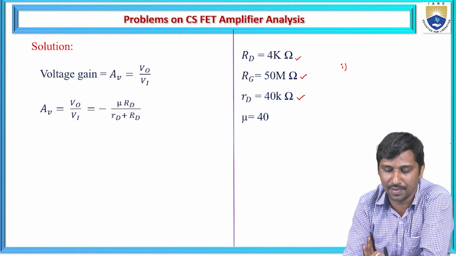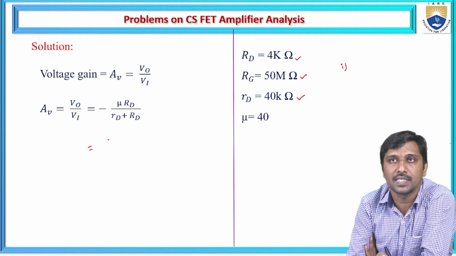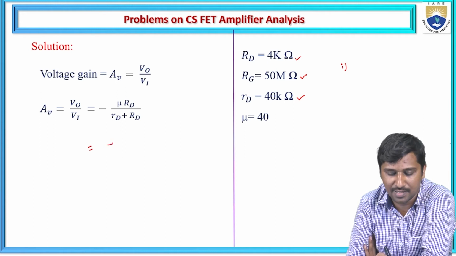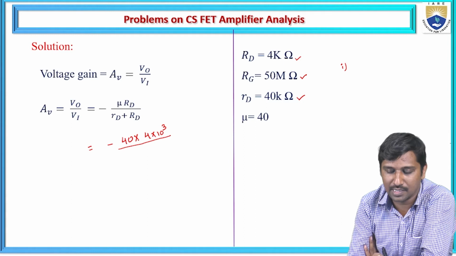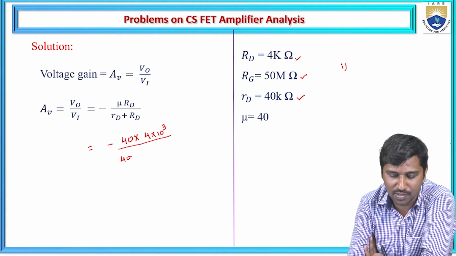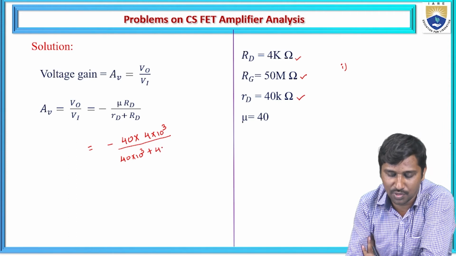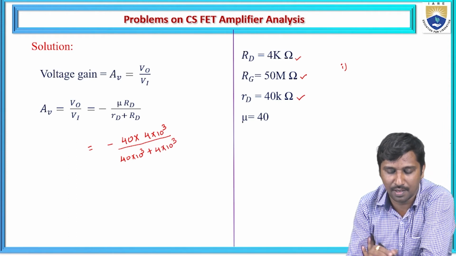RD divided by small rd plus capital RD. Now I can substitute the given specifications: minus 40 into 4 kilo ohms, 4 into 10 power 3, divided by small rd, 40 kilo ohms, 40 into 10 power 3, plus capital RD, 4 kilo ohms, 4 into 10 power 3.